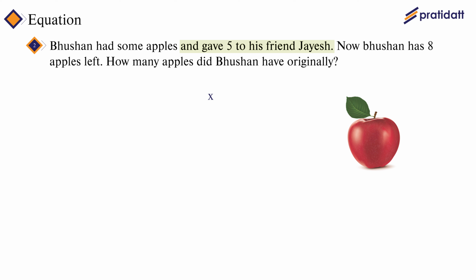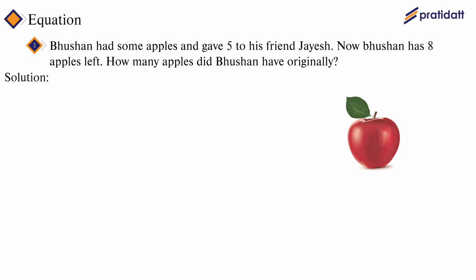Now, from x apples, Bhushan gave 5 apples to his friend Jayesh. How many apples are left? That is x minus 5. After giving 5 apples, Bhushan now had 8 apples left. So, our complete equation is x minus 5 equals 8.